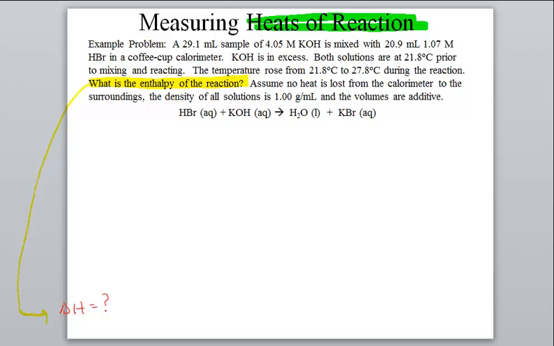Remember, the enthalpy change is the energy change per mole. We need to find the heat flow, the Q of the system, and the amount that's reacting, that mole quantity. Or you could use how much quantity is being formed. Either way, we need to get the amount of energy per mole.